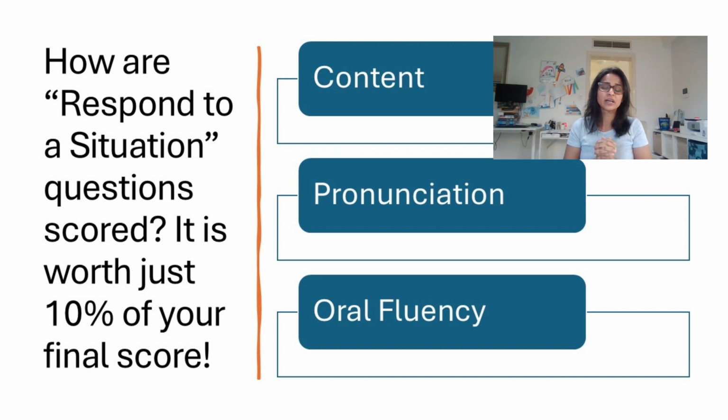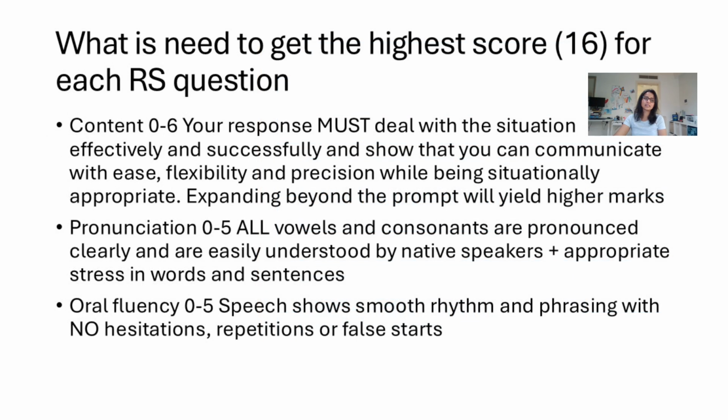Okay? You are assessed on content, 6 points, pronunciation, 5 points, oral fluency, 5 points. Your main aim is to get 16 points. Okay, everyone? So, what do we need to get the highest score, which is 16, for each respond to a situation question?